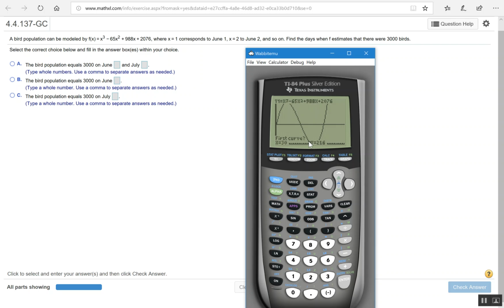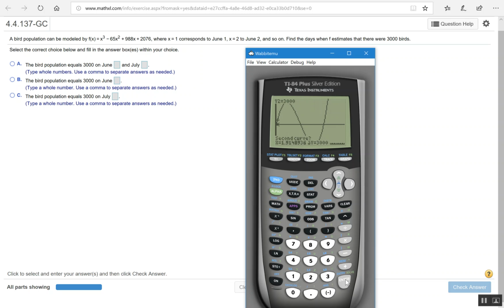I want to find this intersection point first, which is the intersection between 2 curves. So I'm going to move it and tell it what my first curve is. My first curve is this polynomial. Once the cursor is blinking in the right spot, enter.